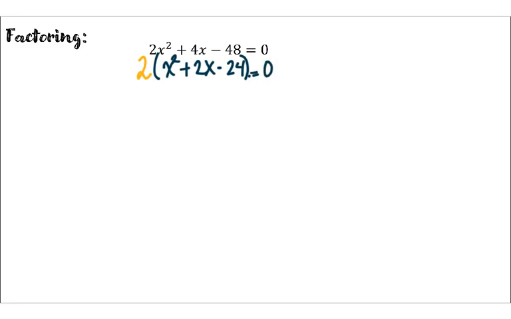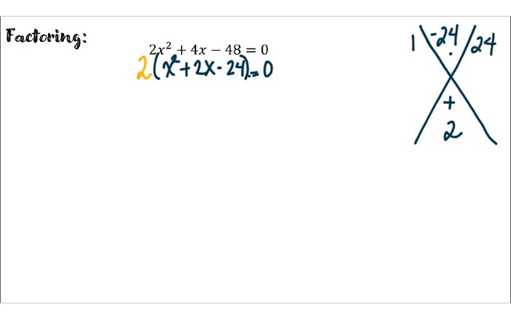Once you factor out that 2, remember all that we are now factoring is our trinomial. And since the leading coefficient of that trinomial is 1, the factoring problem is very straightforward. You're looking for two numbers that multiply to get negative 24, but when you add them, give you positive 2.